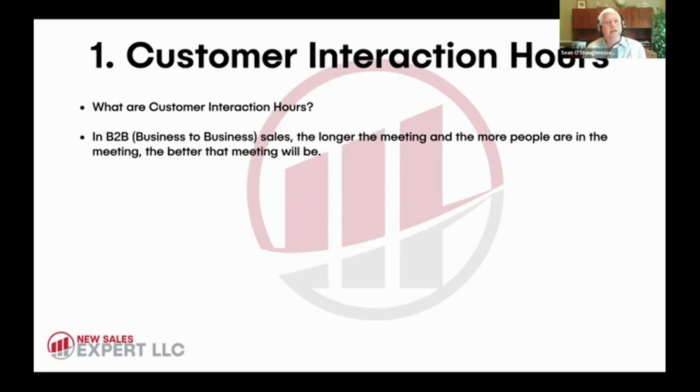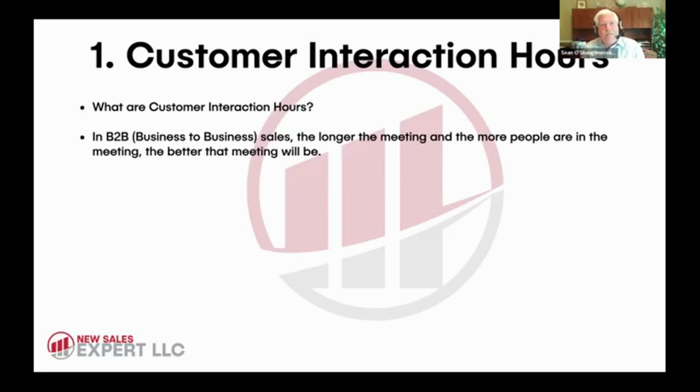So that meeting is not as important, not as good as the 10 people in the meeting from the customer sticking around for 2.5 or 3 hours, going over a wide variety of issues that are pertinent for the implementation of your product at that customer, talking about competitors, talking about who's going to make the decision, side talk between the 10 people of, say, hey, Joe, that was really cool, right?